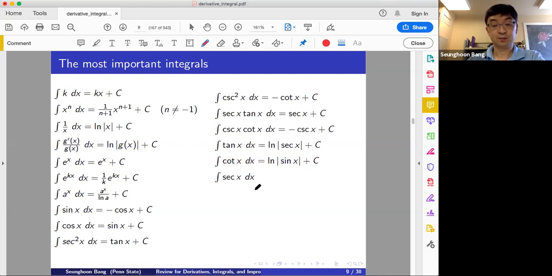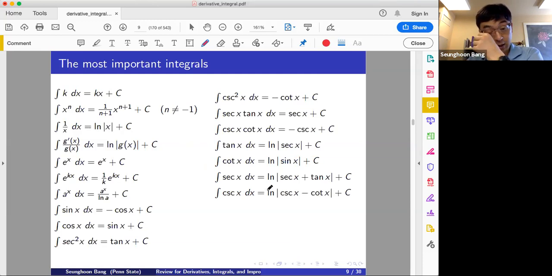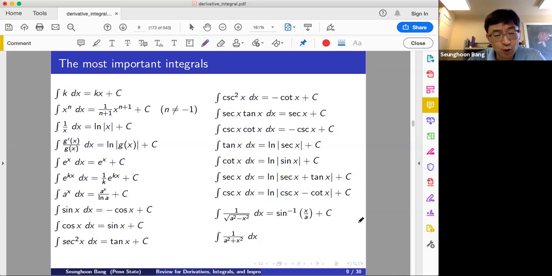The integral of secant x dx is ln of absolute value of secant x plus tan x plus c. The integral of cosecant x is ln of cosecant x minus cotangent x. Same, you don't need this rule. The integral of 1 over the square root of a squared minus x squared is inverse sine of x over a plus c. The integral of 1 over a squared plus x squared dx is 1 over a times inverse tangent of x over a plus c.